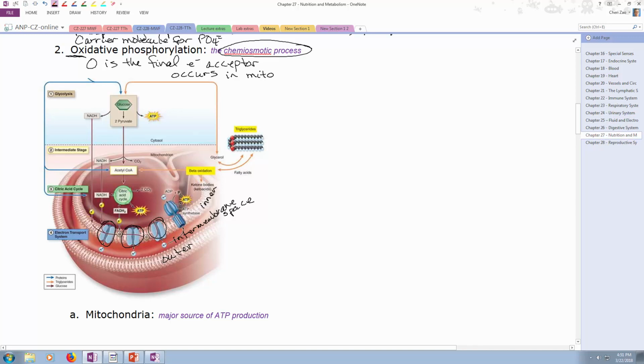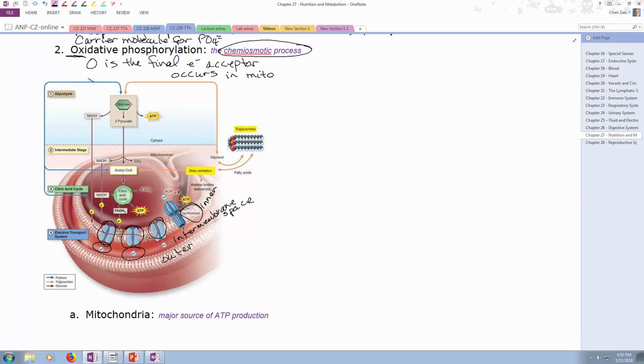So between the outer and inner mitochondrial membrane, we are going to force a bunch of protons in here and create a concentration gradient. Then those protons, which we are forcing through to make it high in this area, will want to actually diffuse if you give them a chance, correct? And they will want to diffuse, and they have a portal, so to speak. And this portal is ATP synthase. ATP synthase is the portal for hydrogen ions to flow through.